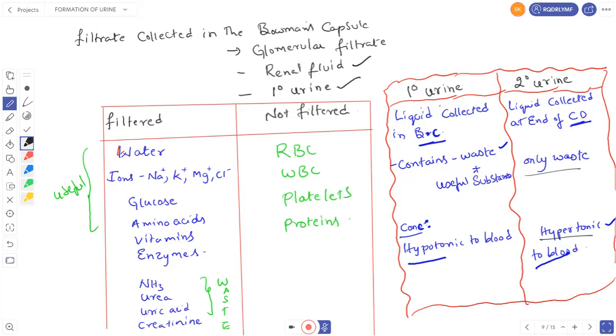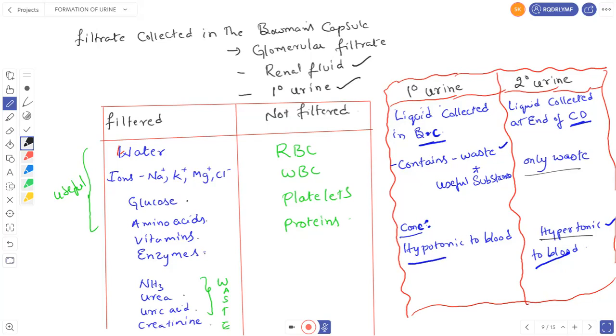Substances that are filtered include water, ions, glucose, amino acids, vitamins, and enzymes. All these are essential substances which are useful to the body. Then there are also other substances filtered, including ammonia, urea, uric acid, and creatine. These are waste materials, and these waste materials should be excreted outside.